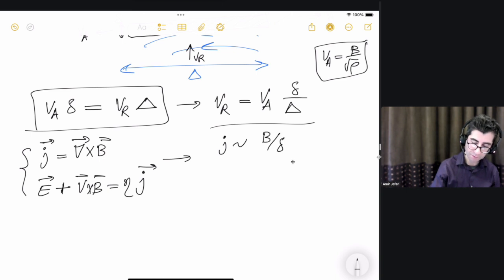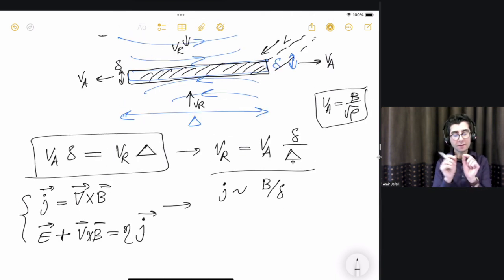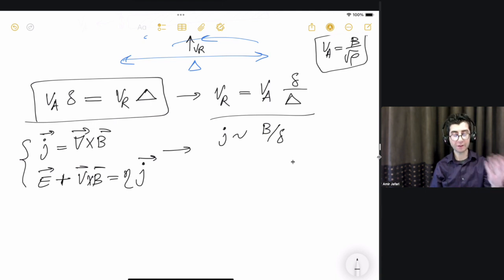J is B over delta, because remember, curl mathematically means derivative with respect to position, and here the spatial distance on which the magnetic field changes, there is shear there, is this little delta, okay? The oppositely directed magnetic field lines, the magnetic field changes in this layer, on this distance delta, so curl should be, again, as an order of magnitude estimate, B over delta, the thickness of the current sheet.